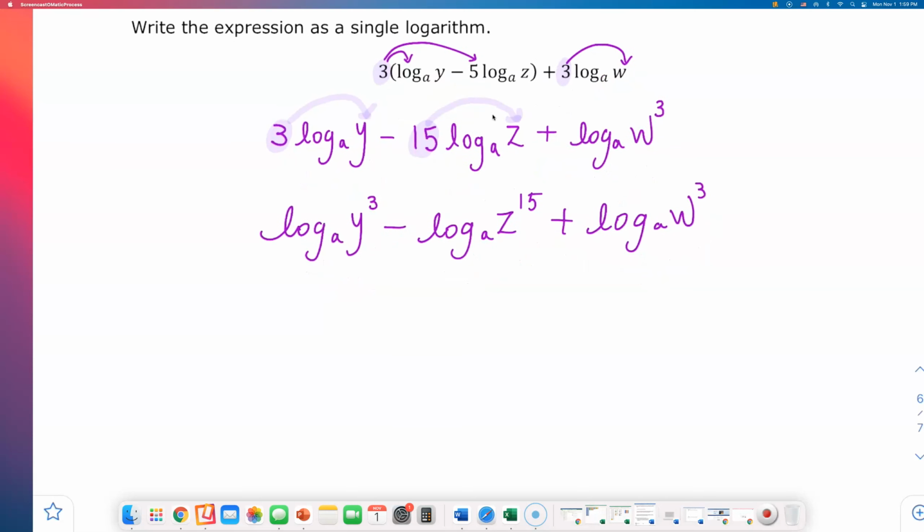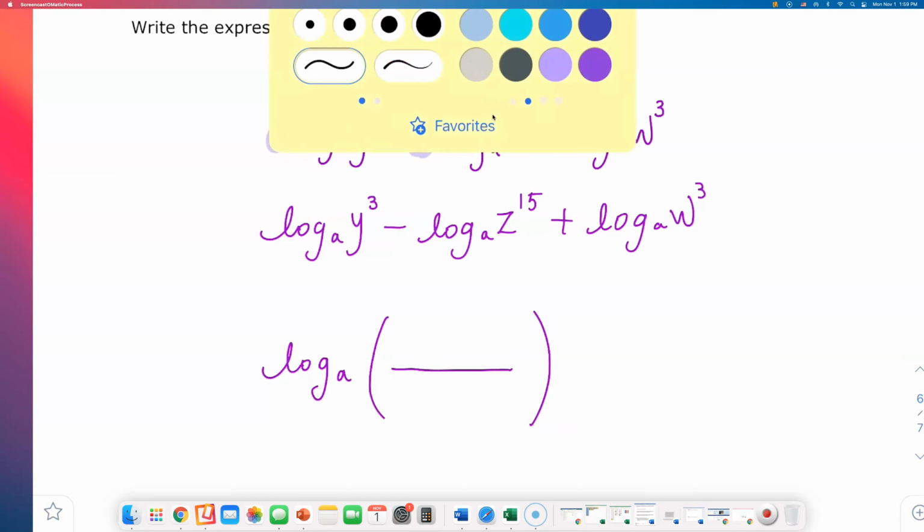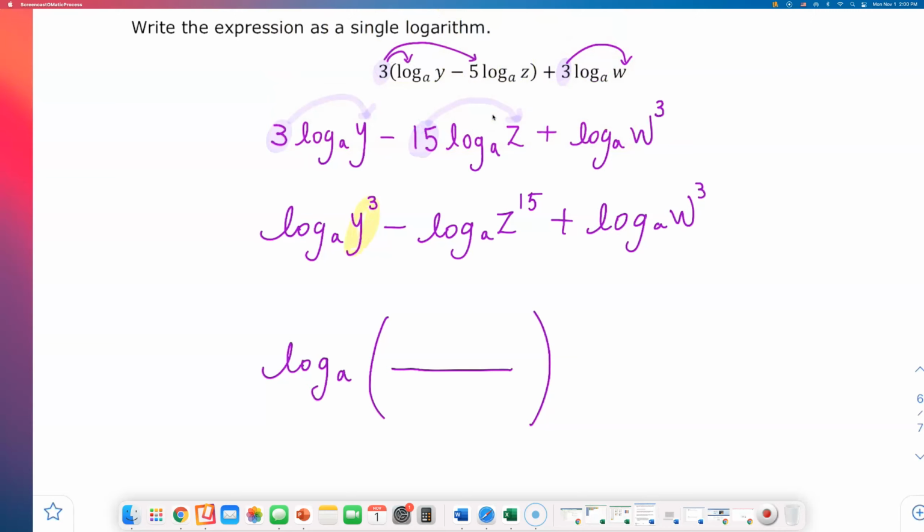Alrighty, let's go ahead and write this as a single log base a. Now, I'm going to have to draw a fraction. Anytime the log expression has a negative, it's going to go to the bottom. Y cubed and w cubed have a positive sign in front, right? So I'm going to have y cubed on top and w cubed on top.